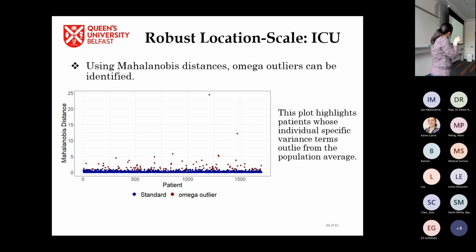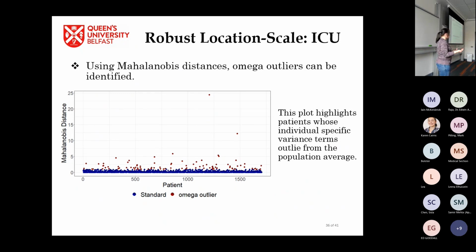Now, within these models, because we have outliers present within the scale random effects, we can use Mahalanobis distances to identify which individuals in particular have these outlying values. Typically what we find is that outlying values, so higher variability, for example, would be individuals that maybe are having a worse prognosis.